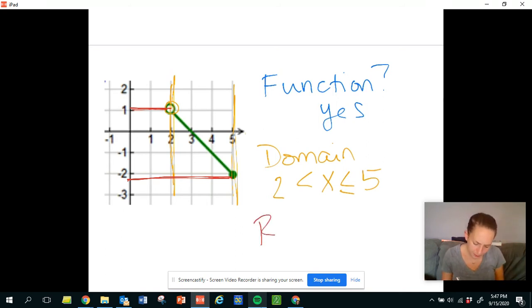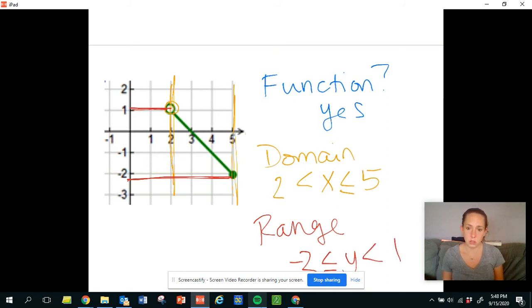So for my range, the lowest it goes is -2. You want to put a less than or equal to, because it does have a dot there. I'm going to put y for range, and then the highest it goes is 1. Cool. Awesome.